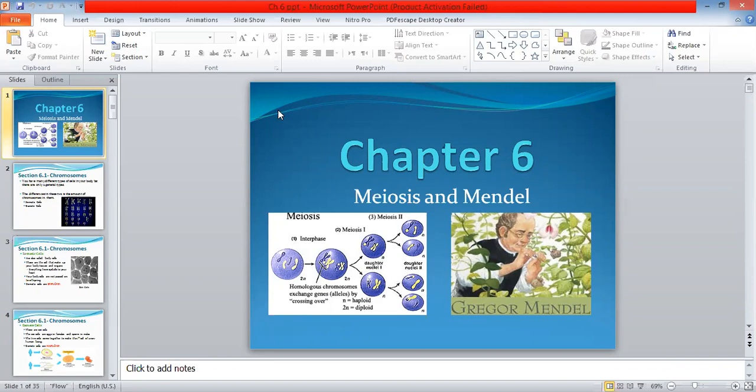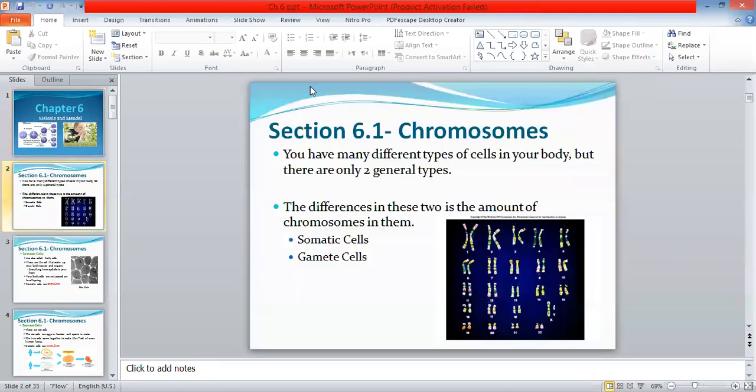Firstly, section 6.1. 6.1 is talking about the chromosomes, types of chromosomes and types of cells. Firstly, we must know that in humans, we have different types of cells in our bodies.